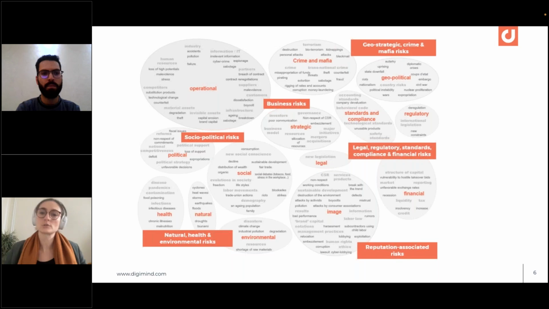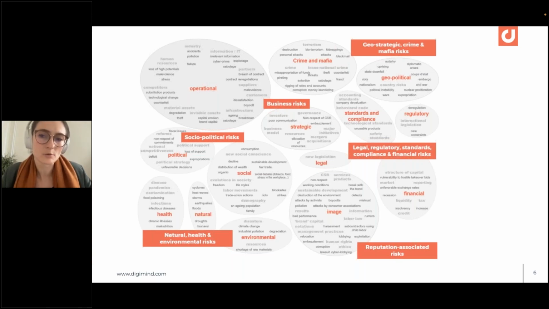There can be geostrategic risks, regulatory risks, social, political, natural. But in today's world, due especially to the rise of social media, reputation risks are at the focus of communication, PR and marketing teams. So they will be the focus of today's session.